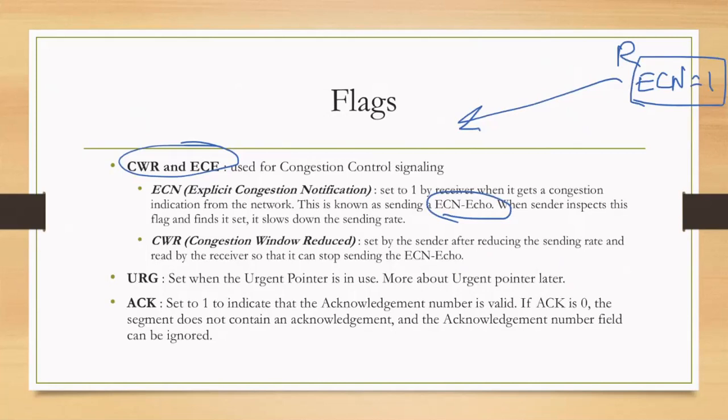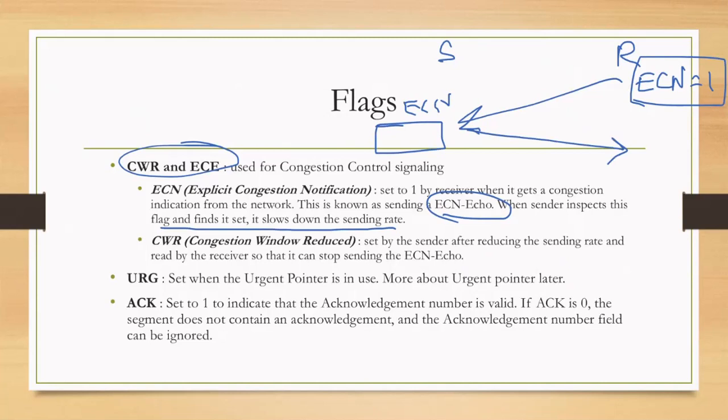Now when the sender receives this segment, it will check and see that the ECN bit is 1, so that means there is congestion and it has to slow down the sending rate. So the sender will slow down. But then the sender has to inform the receiver that it has slowed down and not to set this bit anymore.